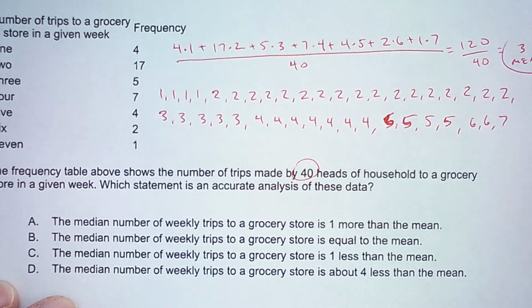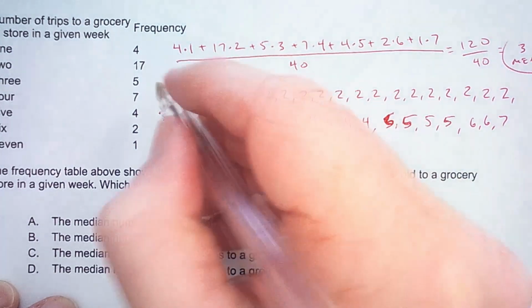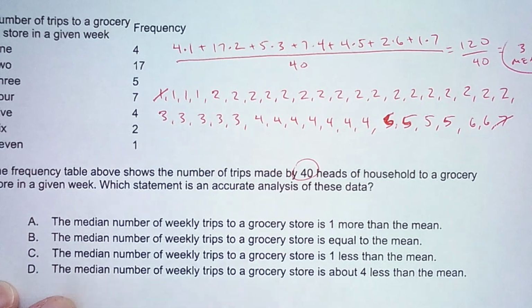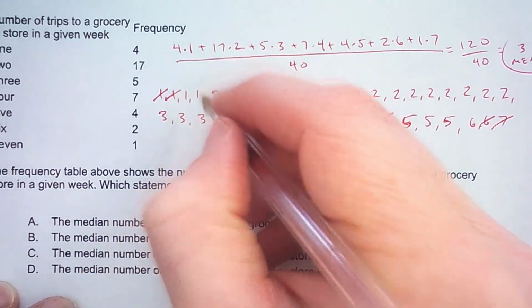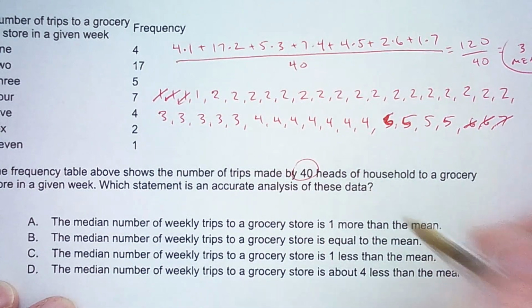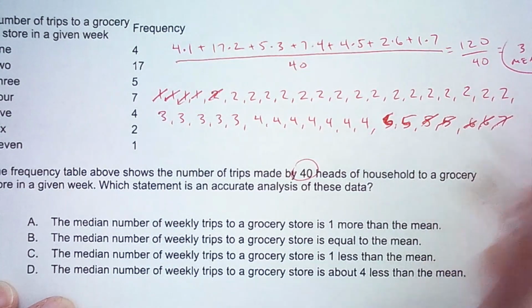Okay, so now to find the middle value, I can just start crossing off numbers on each end. So there's 1, another 1, and I'll just keep crossing off on the front end and the back end until I get to the middle.